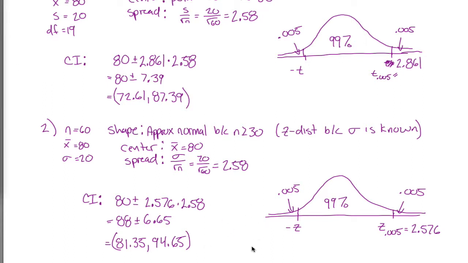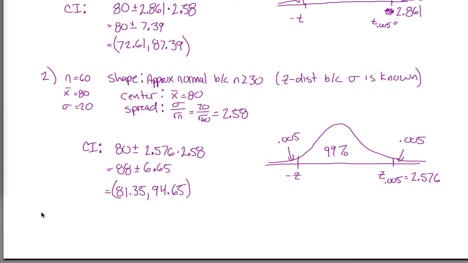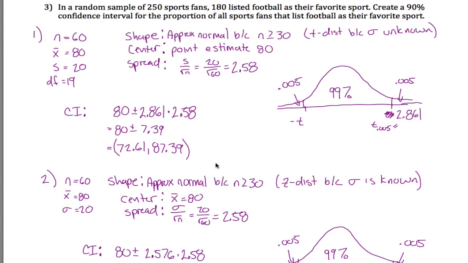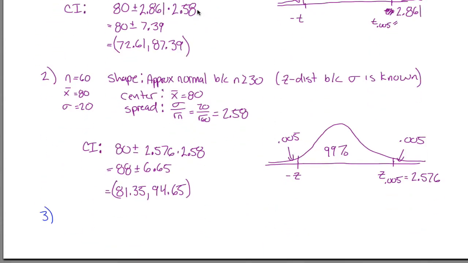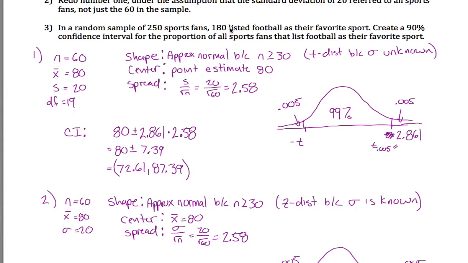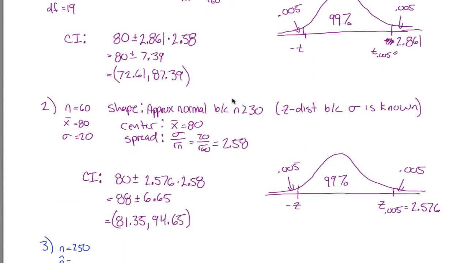And we do it one more time. It's kind of a long problem. Ooh, a little bit low on room. Part 3 here. In part 3, it says that we have 250 sports fans. And what we need to know is what is p hat. Well, 180 of them list football as their favorite sport.